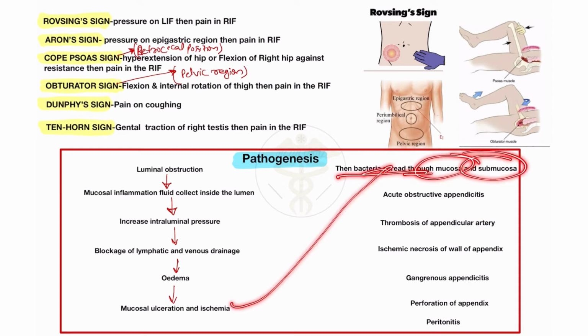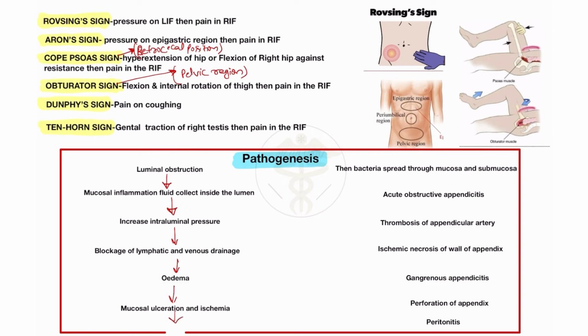When bacteria spread through the mucosa and submucosa, it causes acute obstruction of the appendix.